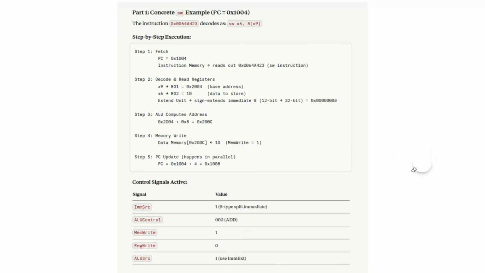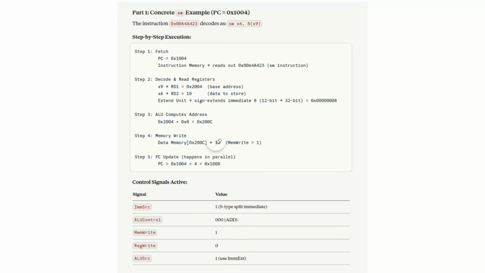This is the complete flow. Here the PC holds this address. When the PC gives it to the instruction memory, it gives out this final machine language for the store. Now X9's value is this 0x2000, which is given by the registers, and S6's value is 10. The extender adds this 0x2000 with the immediate value, and you get this address.